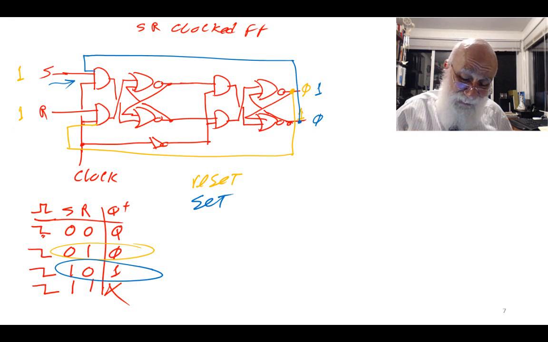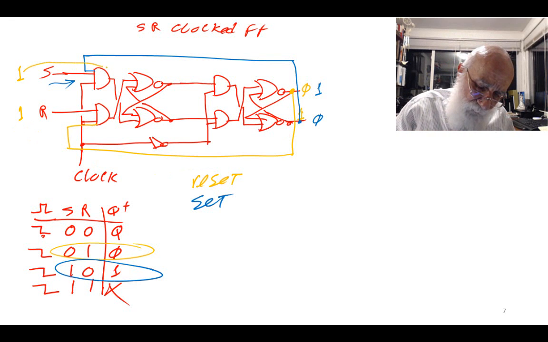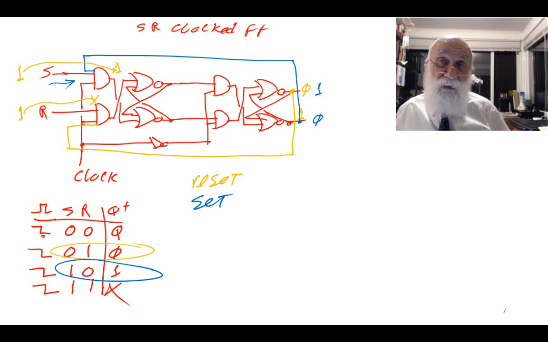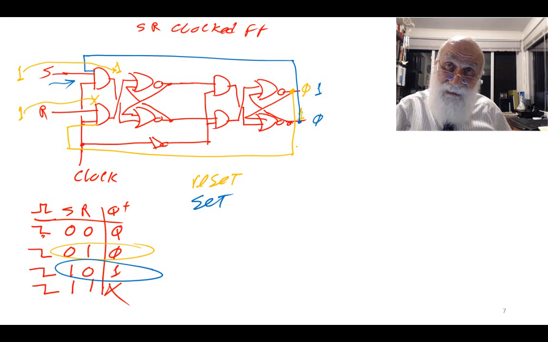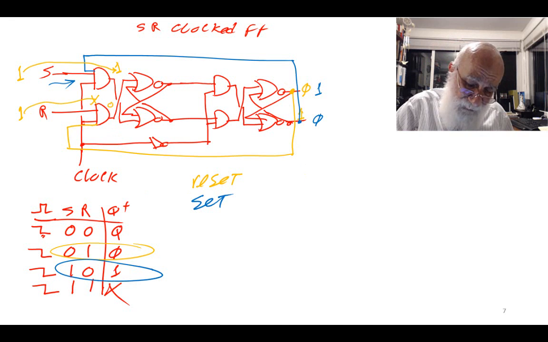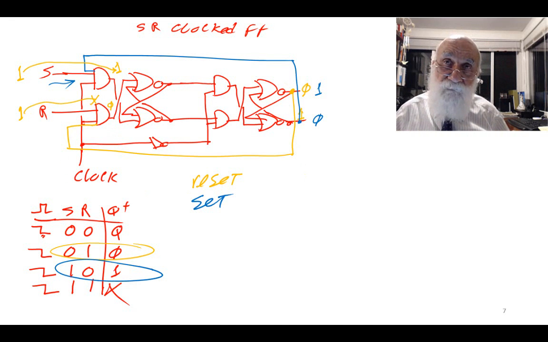The orange feedback doesn't exist for the upper input, and therefore this one is going to go through as a 1. But then this one is prevented from going through because there is a 0 feedback, and therefore this is a 0 here.